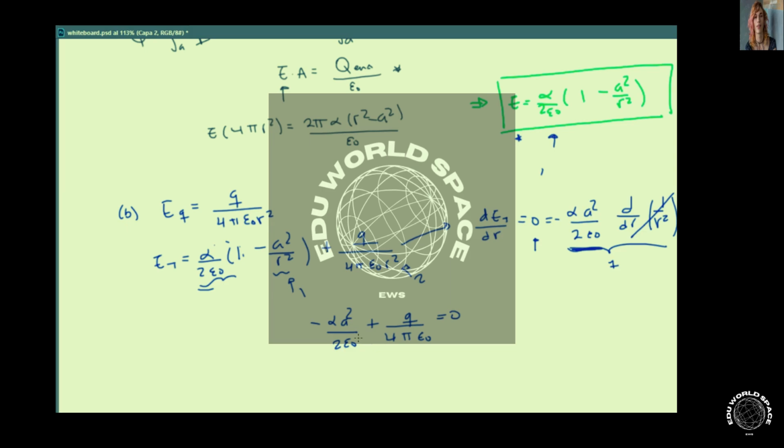You can see this cancels out. When I solve for Q, I find that Q is equal to alpha a squared times 2 pi. This is the answer. And if you want to find the value of the total electric field, you just substitute this in. But this is the answer.